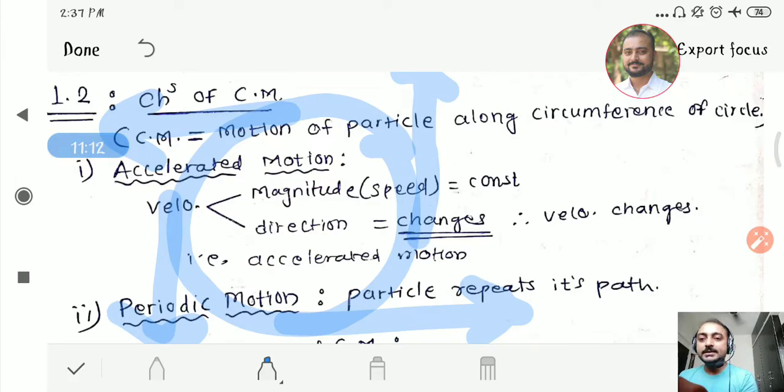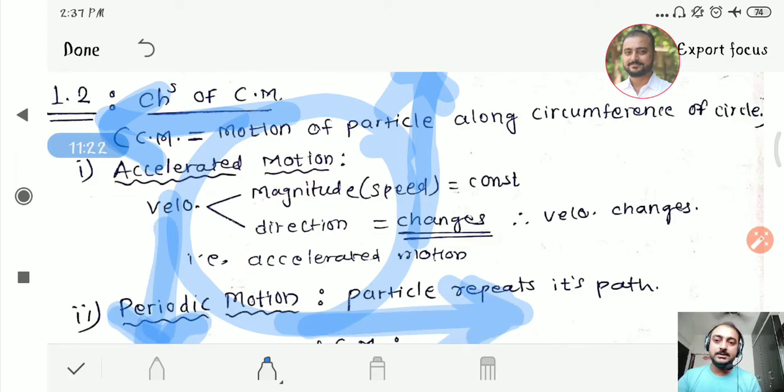This tangent has equal length, meaning the magnitude is constant. If you look at all these arrows, each is a vector which represents the velocity of the particle, whose magnitude, meaning length, is the same, but the direction keeps changing from point to point.